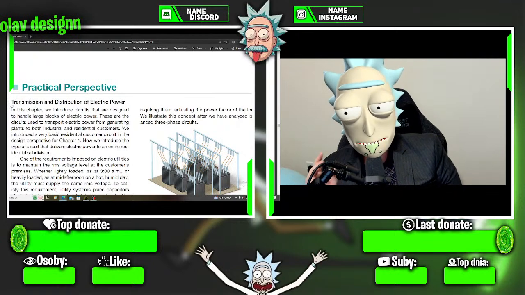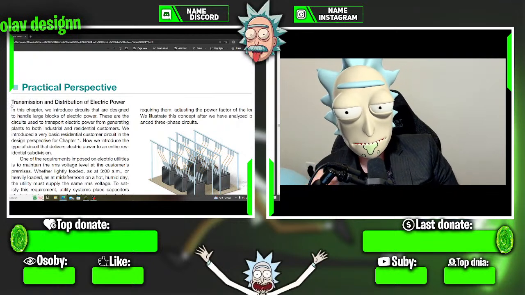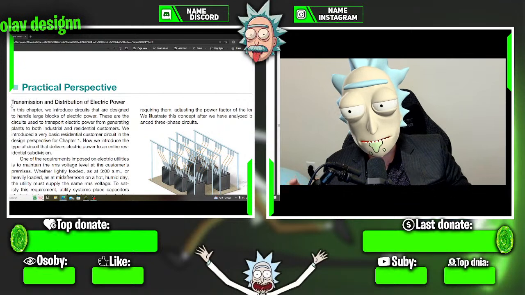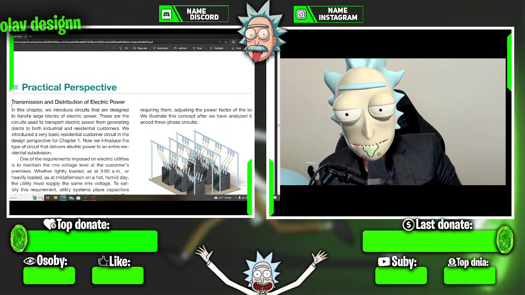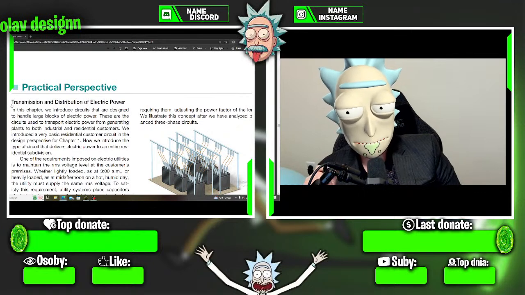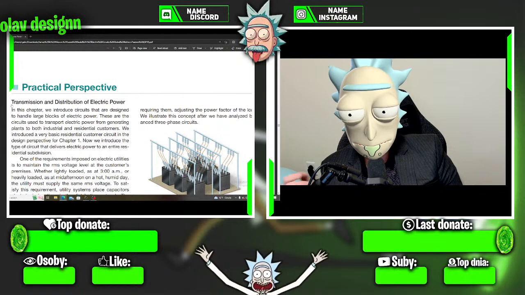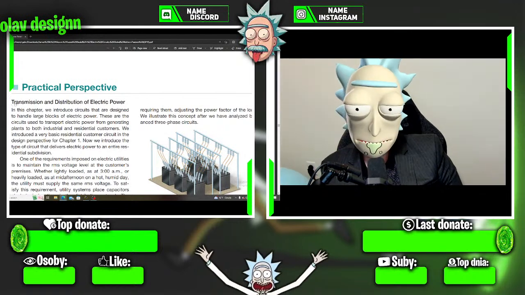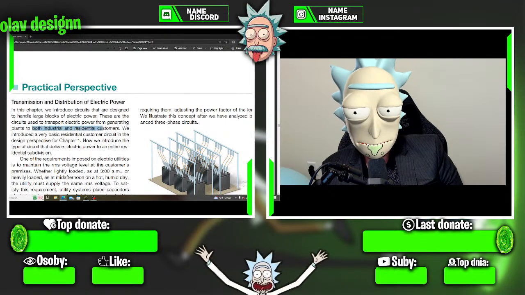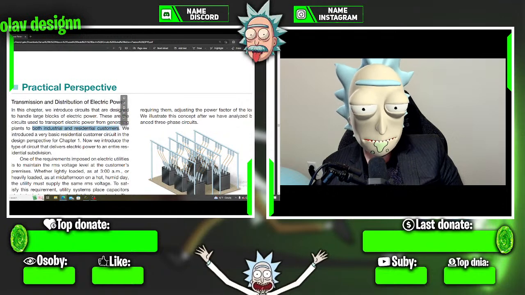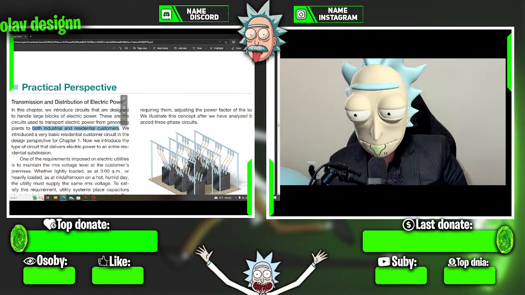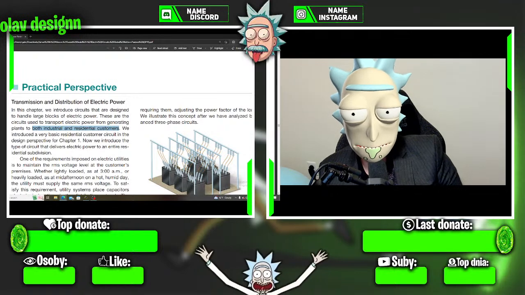This chapter mentions circuits that are designed to handle large blocks of electric power. These are the circuits used to transport electric power from generating plants to both industrial and residential customers. All right? So what does this mean?